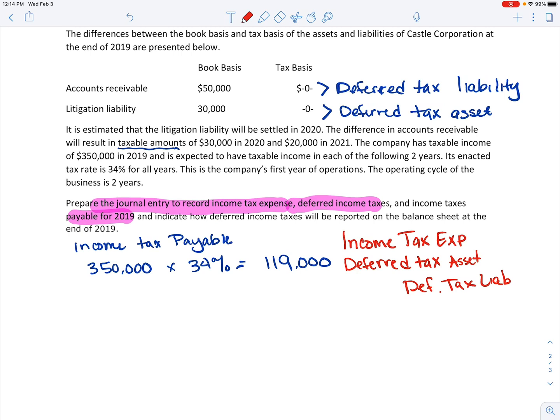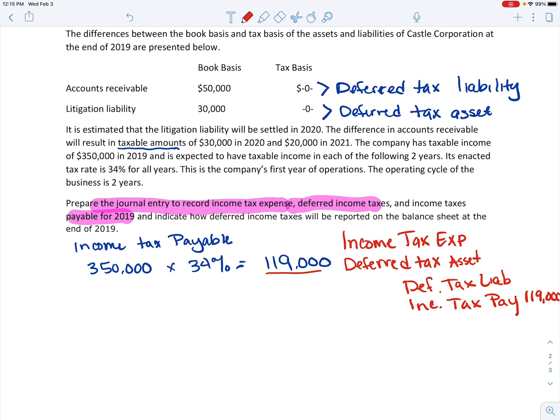And we'll also debit that income tax payable. So maybe I should have done that part first, since I know that those accounts are going to get hit. Then I can go through and kind of put in the numbers that I need. So I just figured out this 119. And I can put that by my income tax payable.